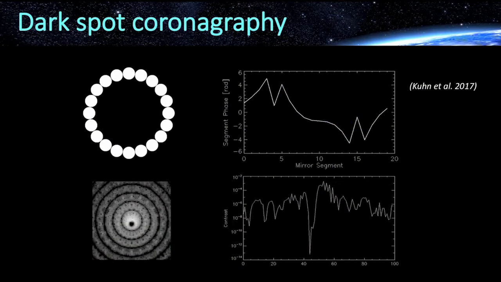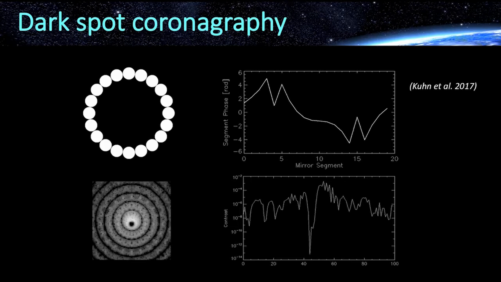That combination of interferometry and coronagraphy with optical off-axis telescopes allows us to achieve a contrast in the dark spot, shown here on this PSF diagram, several orders of magnitude deeper than the continuum.